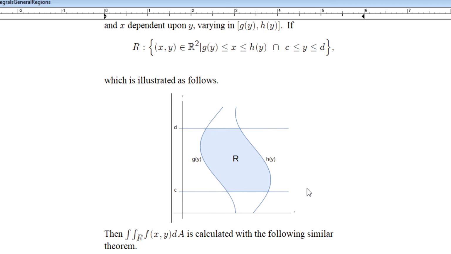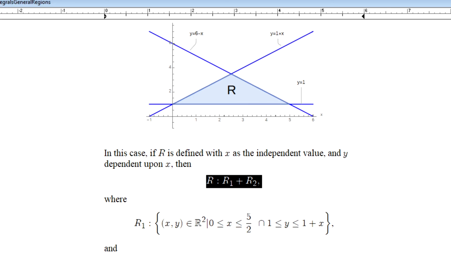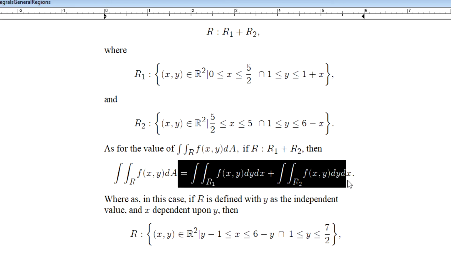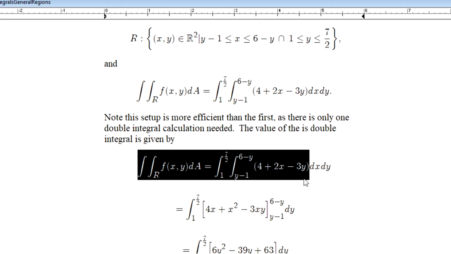It has these constant bounds at the bottom and top of region R, and these variable bounds in terms of x being a function of y, describing the left bound and the right bound for region R. And as the last example illustrates, there are scenarios where one setup could produce a less efficient calculation than an alternative setup, where that alternative setup might produce a more efficient calculation.